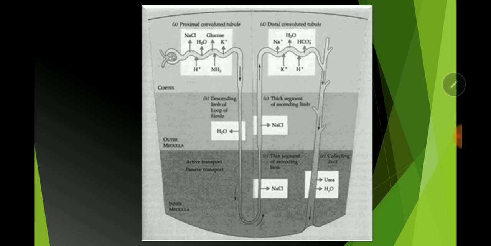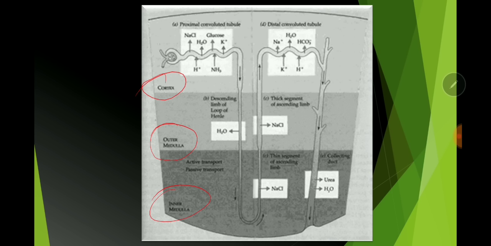All right. So here is the nephron of the kidney. We can appreciate here the renal cortex, and you have the outer portion of the medulla of the kidneys and the inner portion of the medulla of the kidneys.